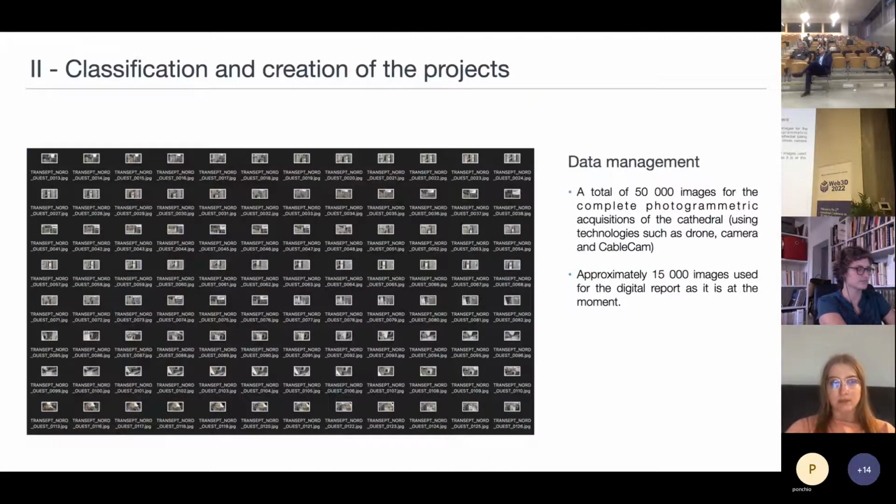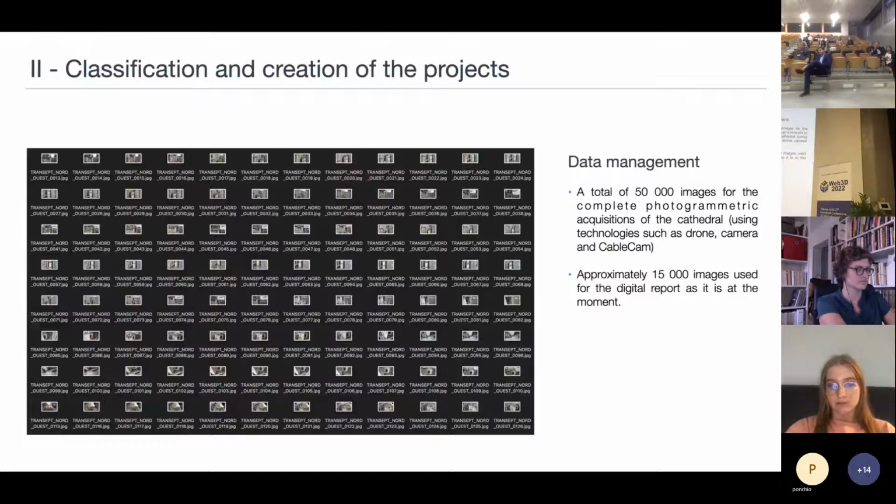So the second step of this work was the classification and creation of the final projects, since the first experiments were quite positive that we could build a digital condition report on the Aioli platform. The first step was to manage the large quantity of images that we had.